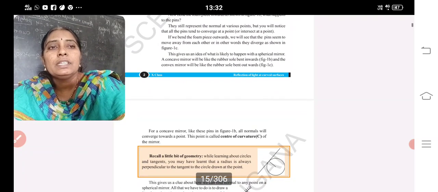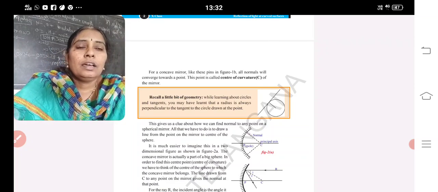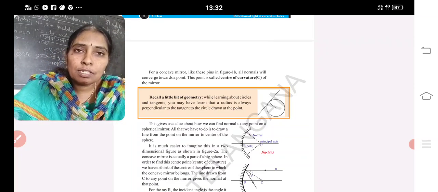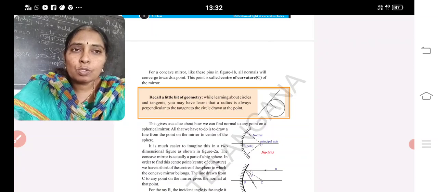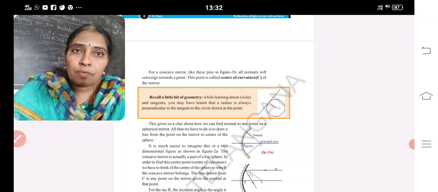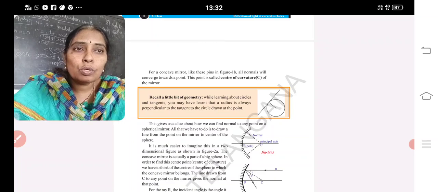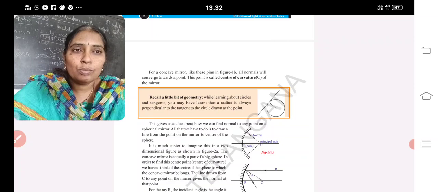This is one concept we discussed, and a little bit of geometry related to that. The midpoint of the curved surface is said to be the pole.